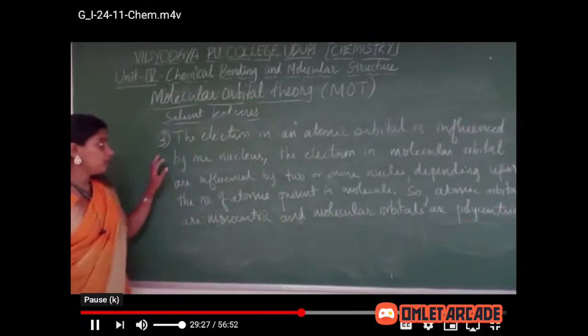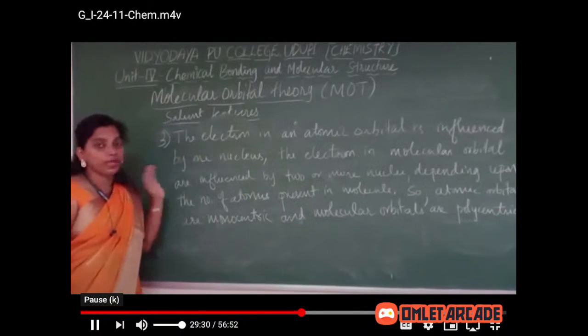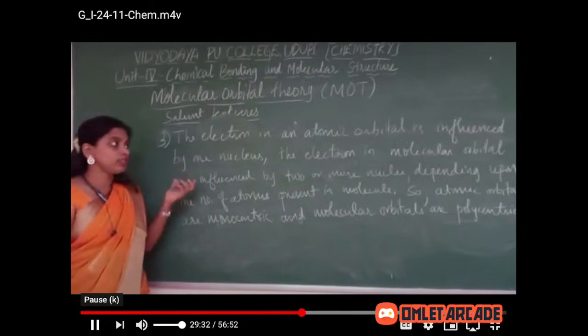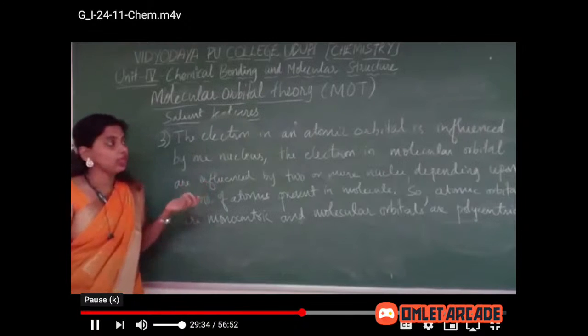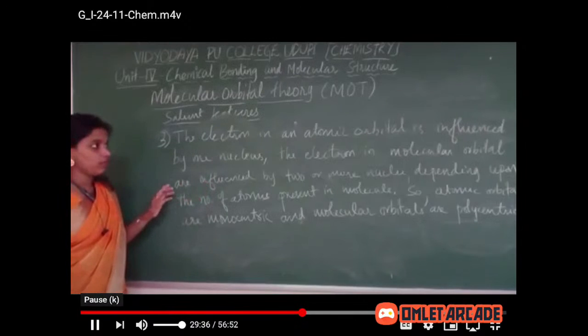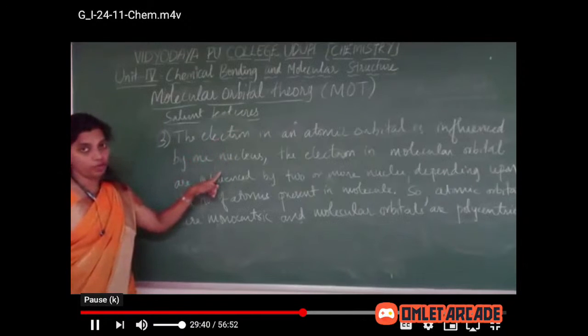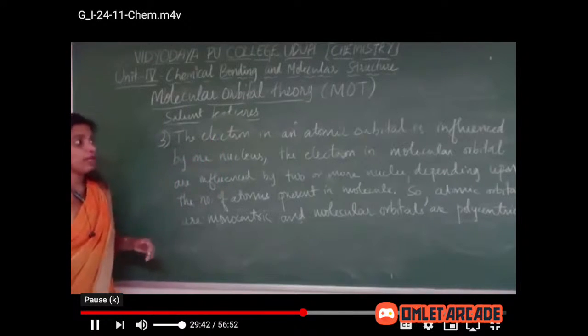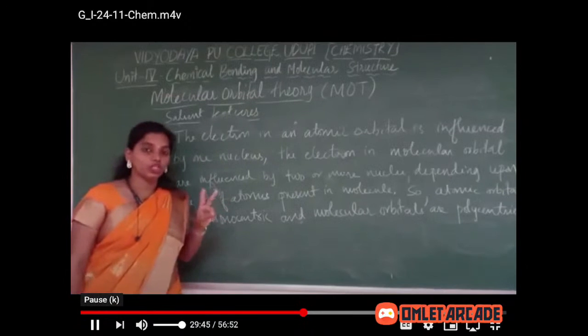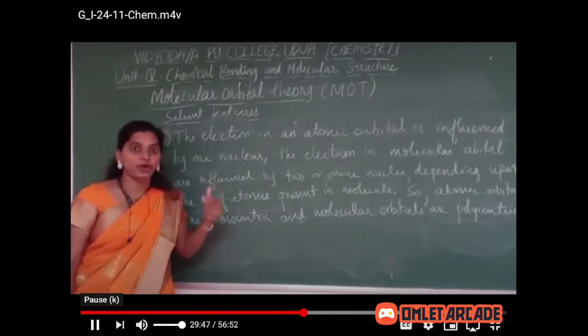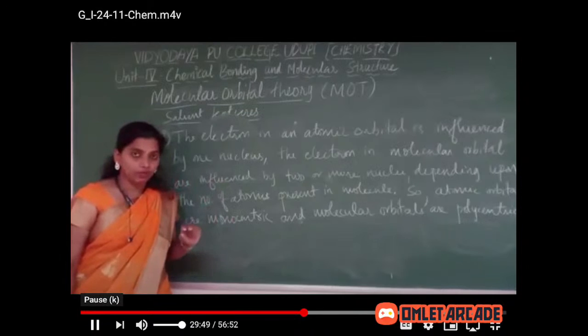In an atomic orbital, since it is an atom, a single nucleus will be there. So the electron in the atomic orbital will be influenced by one nucleus. But in a molecule, if it is a combination of two atoms, a diatomic molecule, two nuclei will be there.